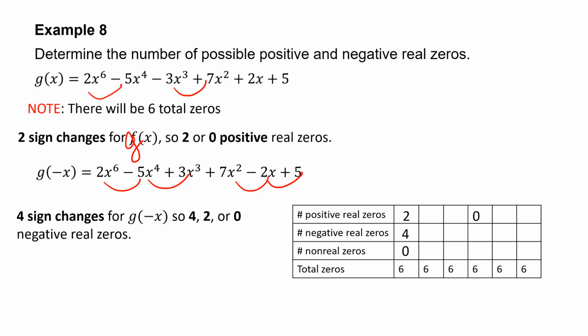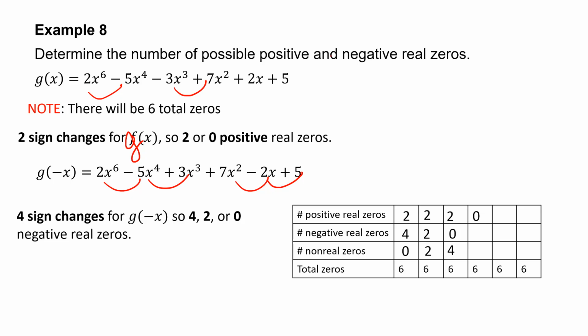So that's one scenario. Another way could be if you have 2 positive real zeros and then you have 2 negative real zeros. Then you'd have to have 2 non-real zeros to make it all add up to 6. If you had 2 positive real zeros and no negative real zeros, then you'd have to have 4 non-real zeros. The other possibility with the positive real zeros is there could be none.